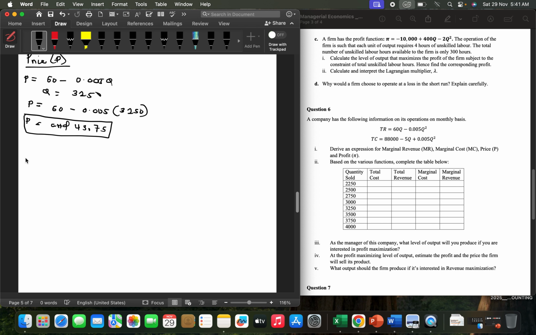With the V, what output should the firm produce if it's interested in revenue maximization?